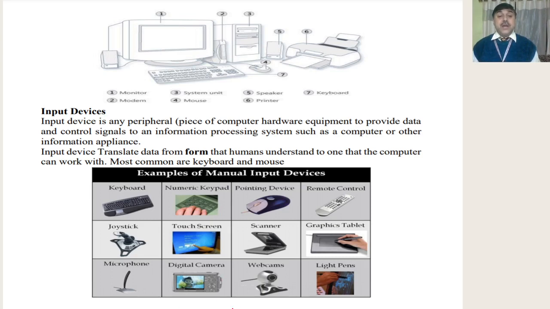There are many things: a keyboard, a numeric keypad, a pointing device, a remote control, a joystick, a touch screen, a scanner, a graphics tablet, a microphone, a digital camera, a webcam, a light pen. So many things can be used as an input device. Each of these is used as an input device, which means it is going to take the input.